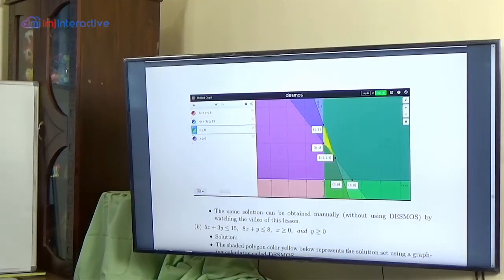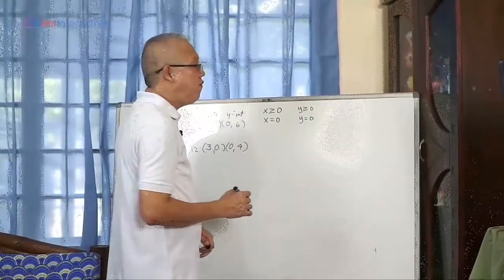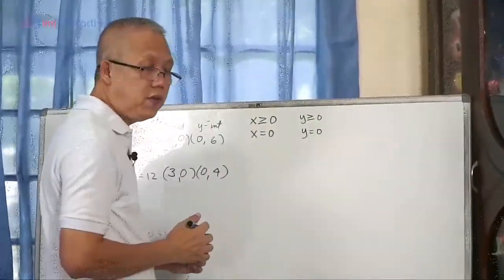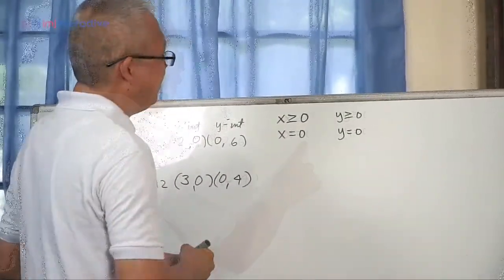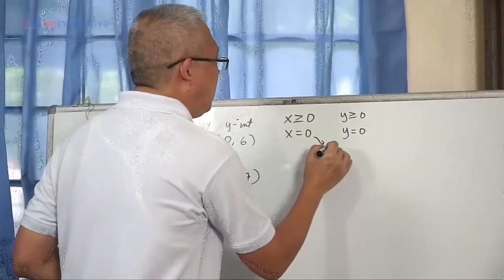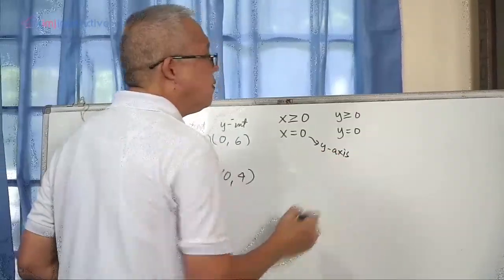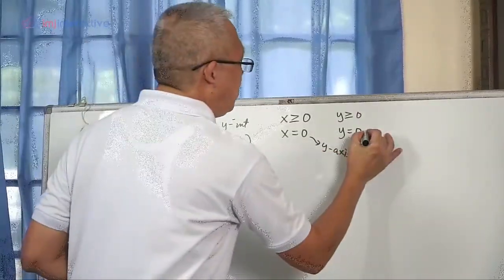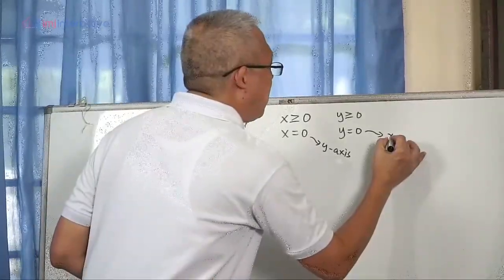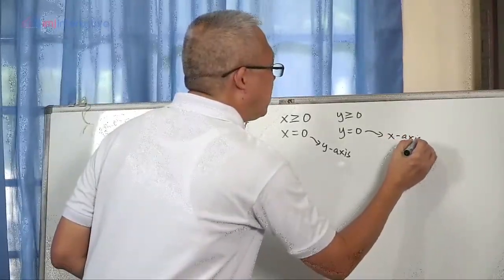So when you say x equals 0, you are actually referring to the y-axis. This is the y-axis. When you say y equals 0, you are referring to a horizontal line. And this graph is the x-axis.